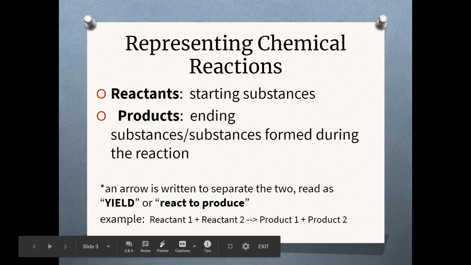So quite literally, if I were to read this reaction example out loud, I would read it: reactant 1 and reactant 2 yield product 1 and product 2. Alternatively, I could also read it: reactant 1 and reactant 2 react to produce product 1 and product 2. So that's how you would read a chemical reaction, and that's how you're going to know what's reacting with what to produce what things.